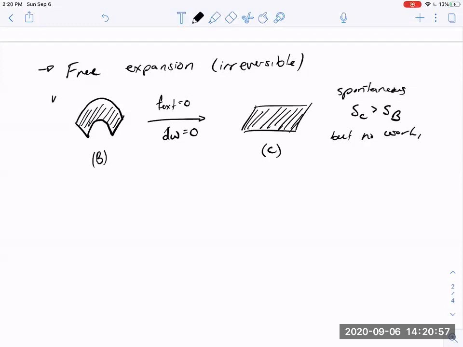It's still floating around in some vacuum, which means that the energy of these two states has to be the same. So how could it be that the system changes, its entropy changes, and yet the energy is the same? Something to ponder. All right, that's an adiabatic process.